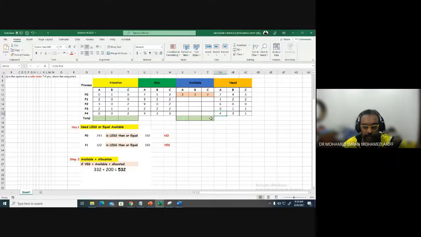Okay. So, there are 2 main steps kat sini yang you have to comply. Step number 1, you have to make sure the need is less or equal to availability. Kurang atau sama dengan available. Okay, so when kita start, the available resource ialah 332.